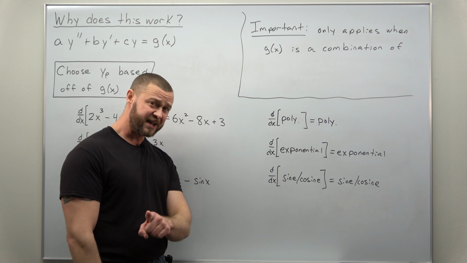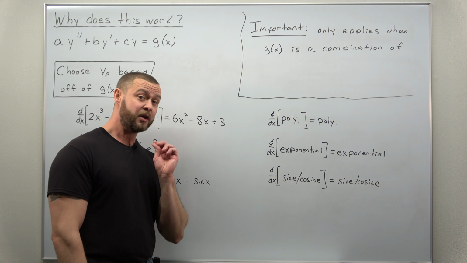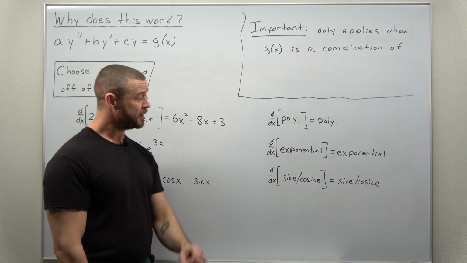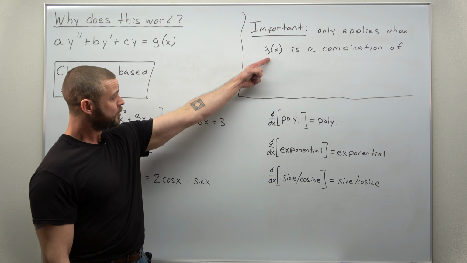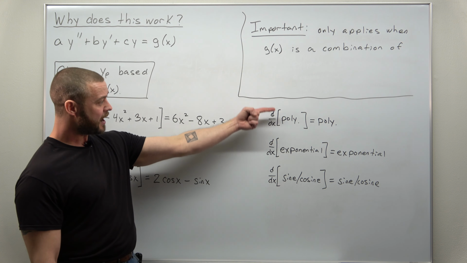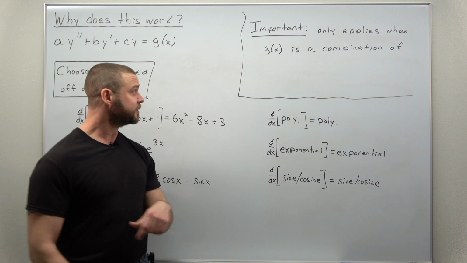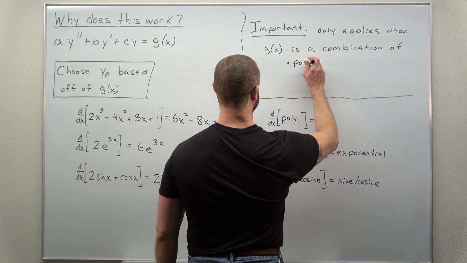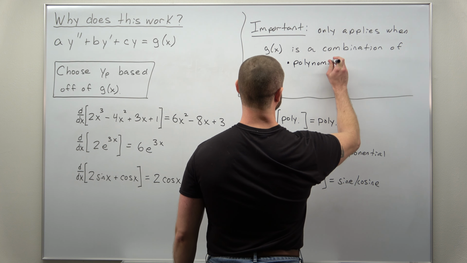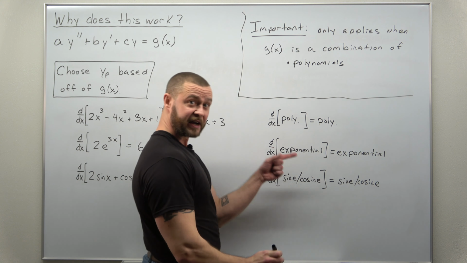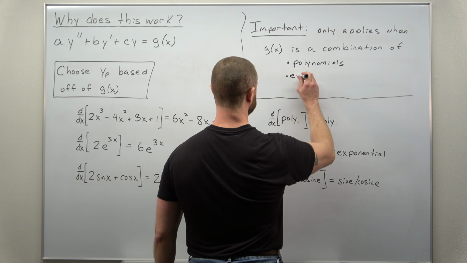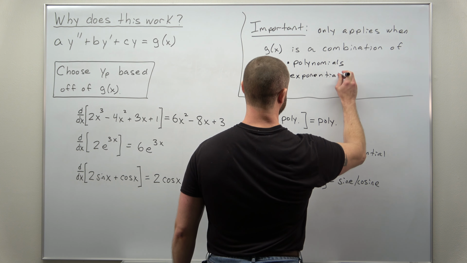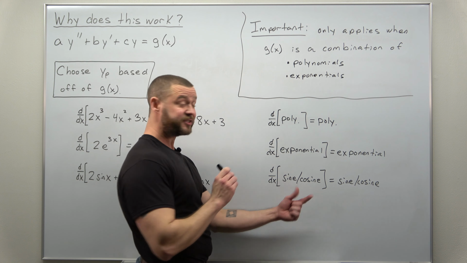Now, more importantly, what this addresses is when undetermined coefficients applies, and it applies when g of x is a combination of these 3 types of functions. So when g of x is a combination of polynomials, exponentials, and sines and cosines.